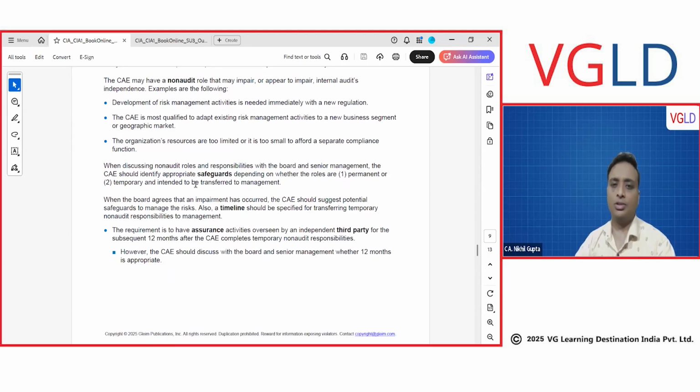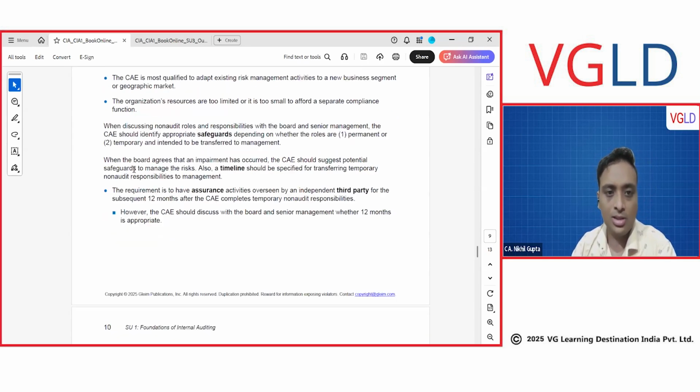While discussing the non-audit roles and responsibilities with the board and senior management, the CAE should identify the appropriate safeguard depending on whether the roles are permanent or temporary, or intended to be transferred to management. So these are some examples. When the board agrees with management that an impairment has occurred, the chief audit executive should consider potential safeguards to manage the risk.